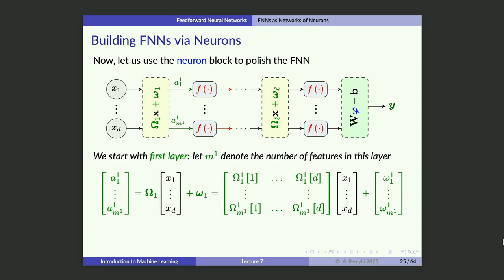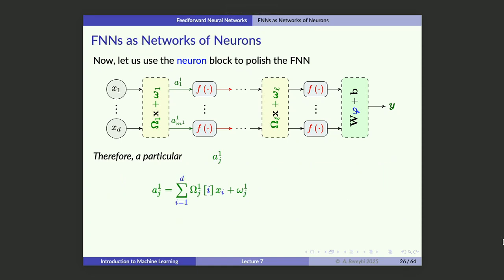So this is aj1. So the jth entry at the output of that linear transform, matrix product, I can write it down as the linear transform of my input plus some bias, right? Correct? Okay.